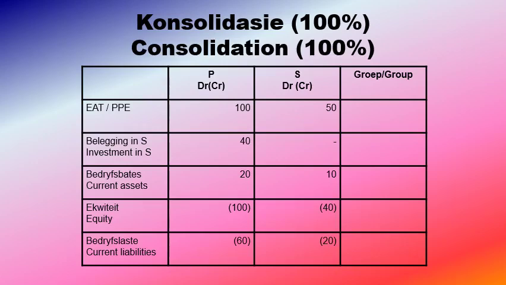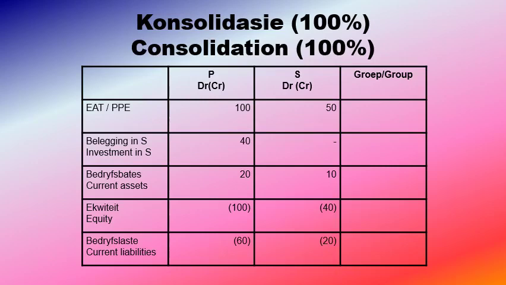If I give you just a basic trial balance or basic statement of financial position, you'll see I'm listing items of property, plant, and equipment, the investment in S, your current assets, your equity, and your current liabilities. And I list them for P and for S, so for the parent and for the subsidiary. So obviously from these financial statements, I can already see they said it's a 100% subsidiary.